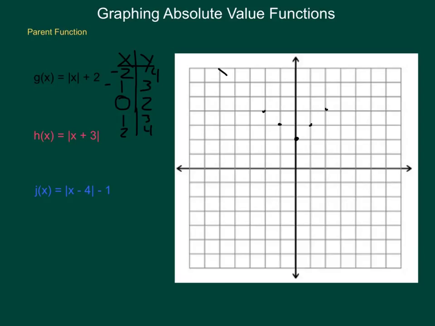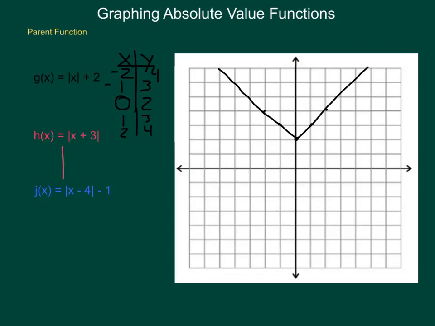So if I graph this absolute value function, I have this, which is my parent function simply moved up 2 units. And this 2 is a k value, which affects my vertical translation. So everything is matching. Next, let's take a look at the h function.